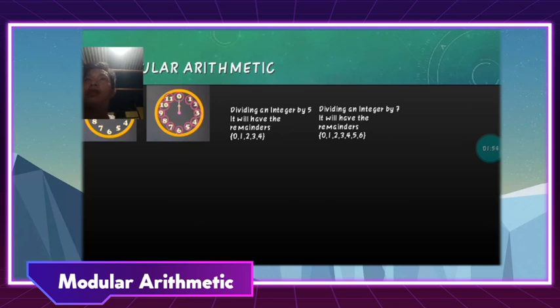If we divide an integer by 7, we will have 1, 2, 3, 4, 5, or 6 as the remainder. If we divide an integer by 10, it will have 0 to 9 as the remainder.